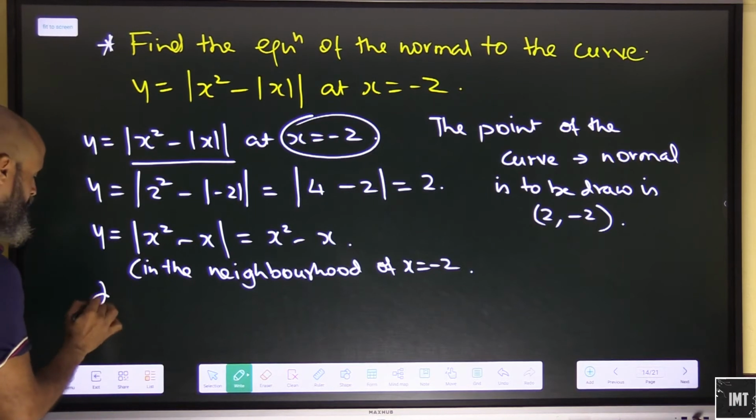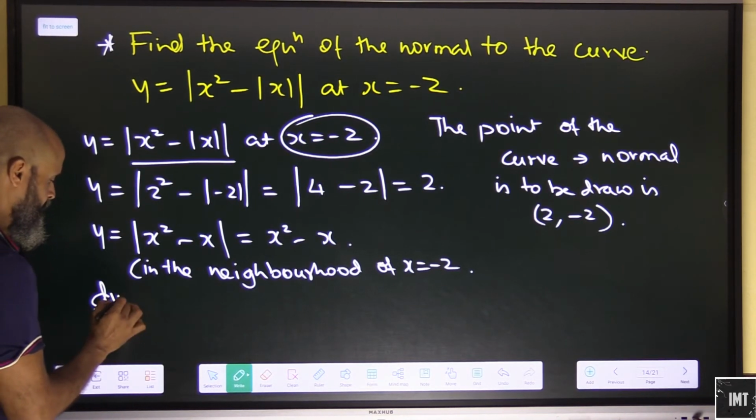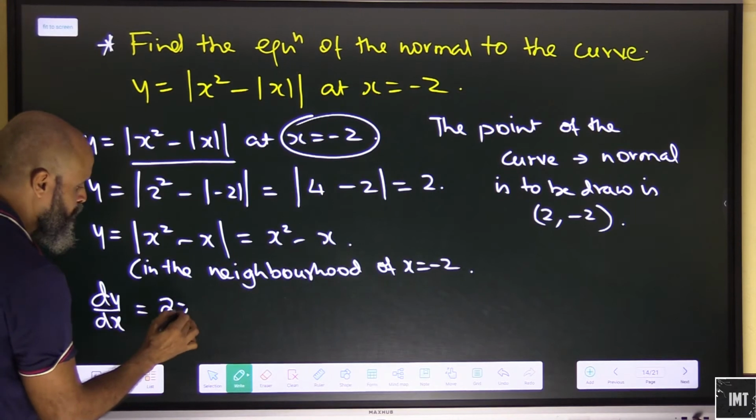Okay, so dy by dx will be equal to 2x minus 1.